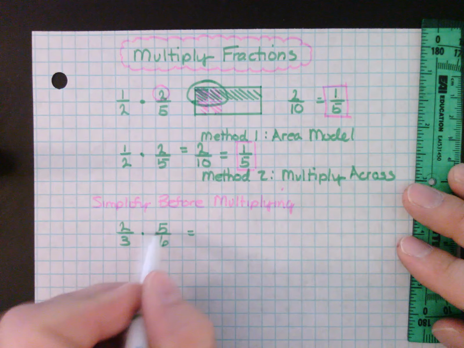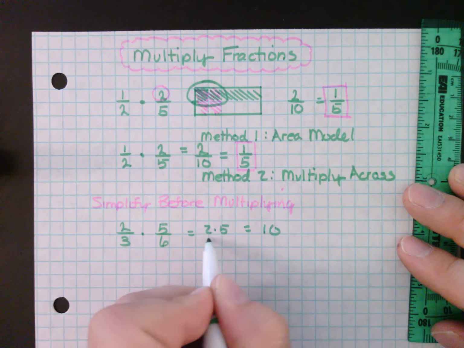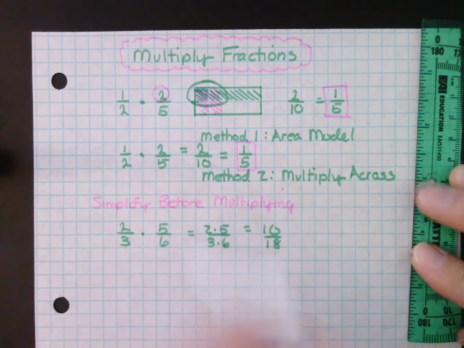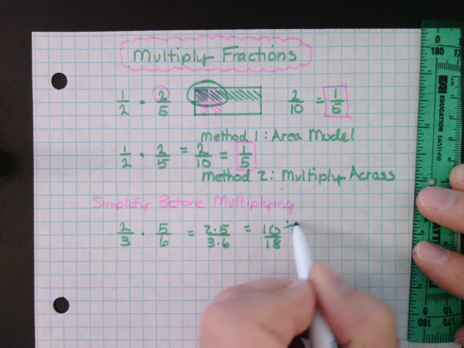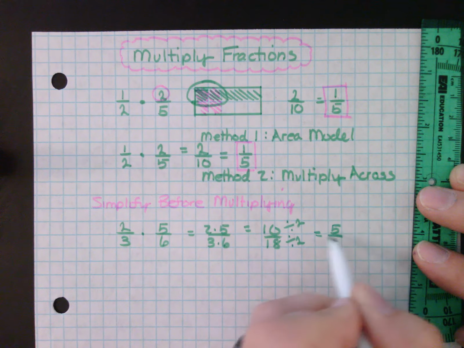I could say 2 times 5 is 10, and 3 times 6 is equal to 18, and then I would have to simplify this. I know I can take 2 out of both of these, and so that gives me 5/9.